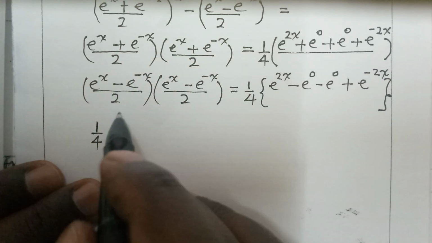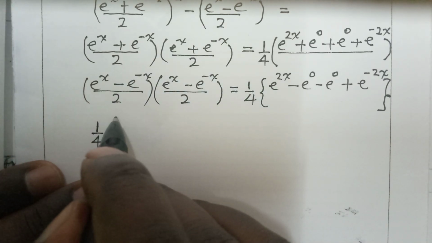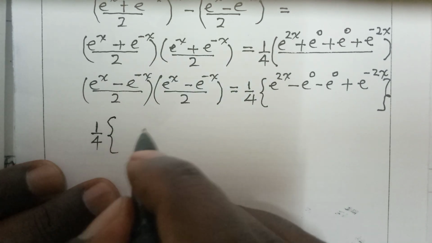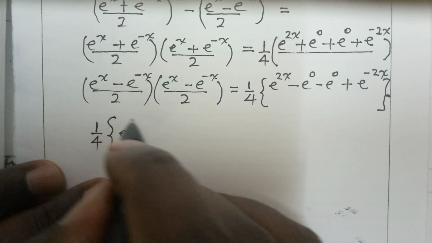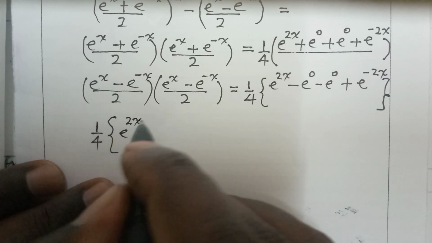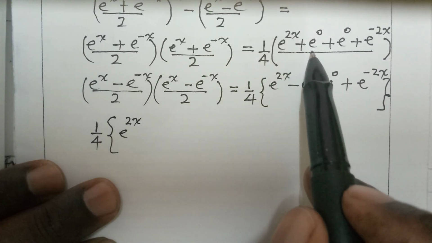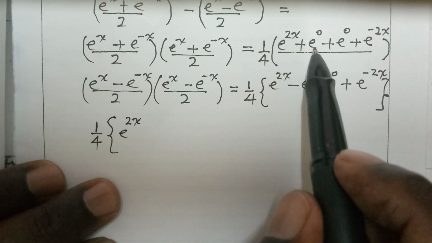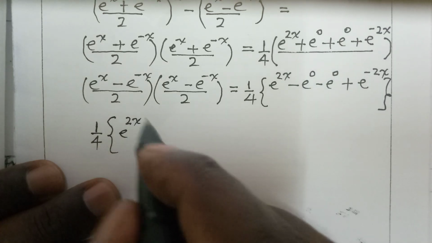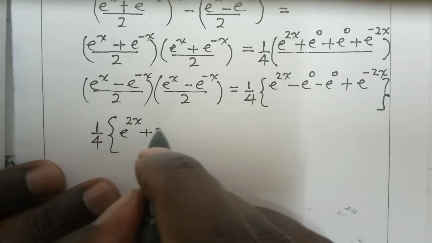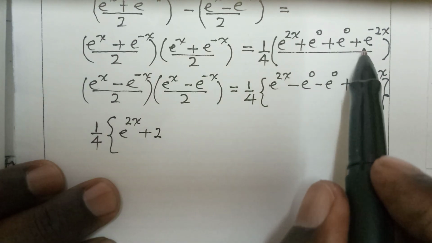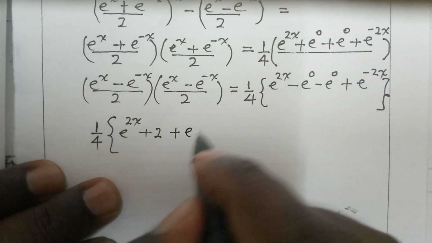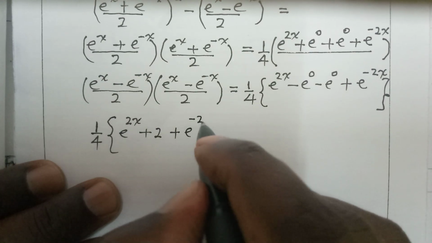Can factor out 1 over 4, and then we are left with this one will be e raised to 2x. Then this one, any number raised to 0 is supposed to be 1. So this is 1 plus 1, which is now 2, like that. Then plus e raised to negative 2x.